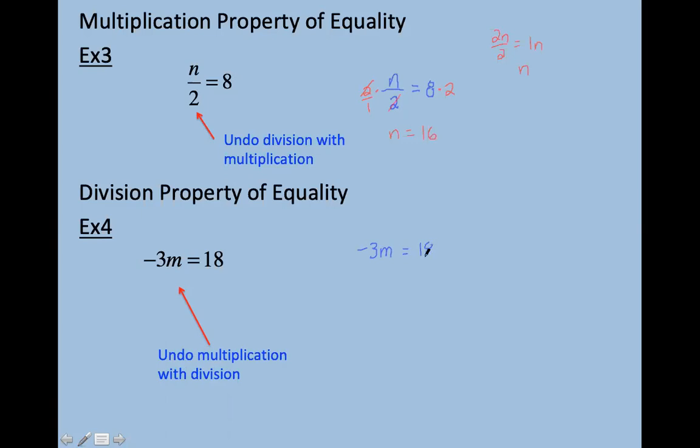A couple things to remember: when you see a number right next to a variable in algebra, that's multiplication. Even though they don't show a little dot or a star or an X, we need to know that when the number's right next to it, it's being multiplied. So again, to undo multiplication, I'm going to divide.